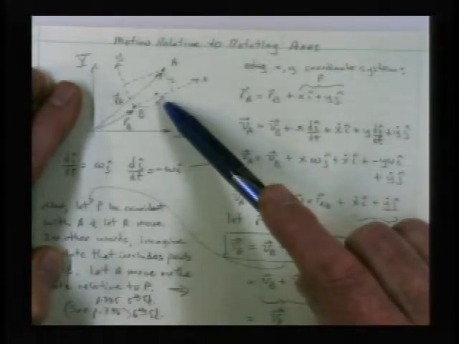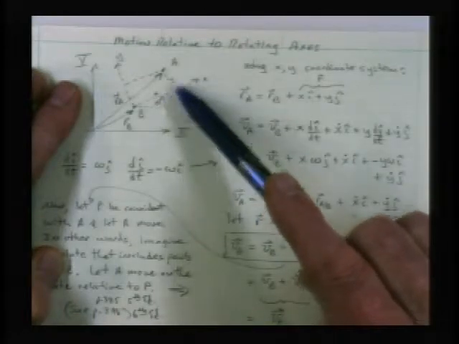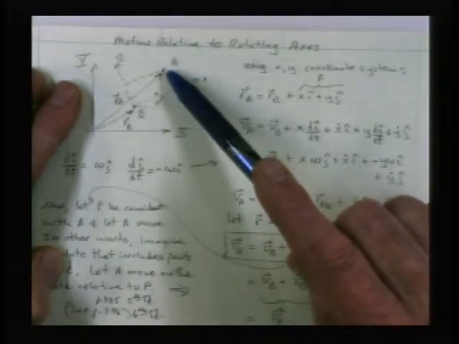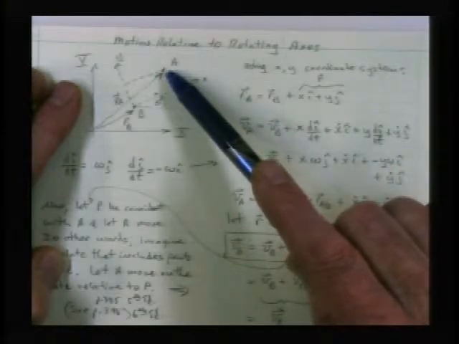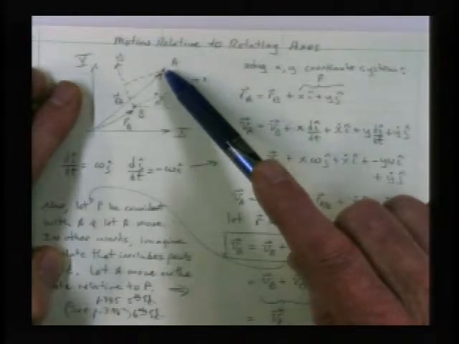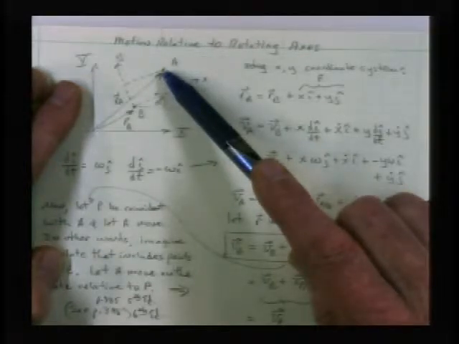Now, what we're going to let happen, and we'll get to this in just a minute, is let a point move on that rigid body relative to this point A. So we'll establish a point P that is on this rigid body and coincident with point A, and then we're going to let A move away from P, similar to what you saw on those two illustrations when we started a few minutes ago, where there was a rotating body and a pin that was moving on that rotating body.